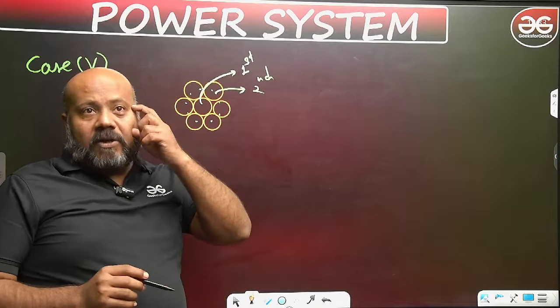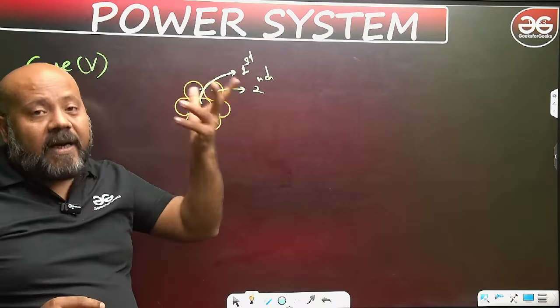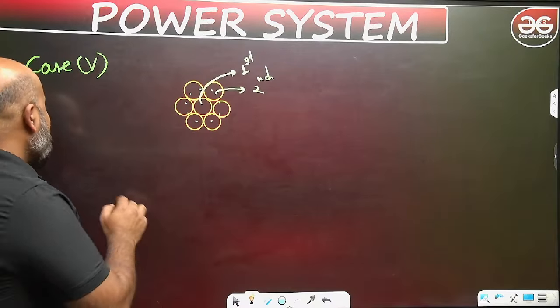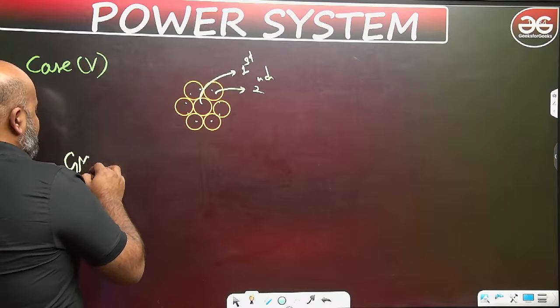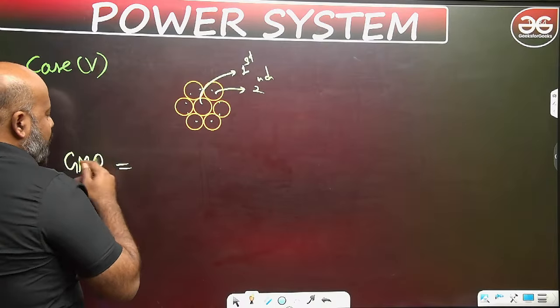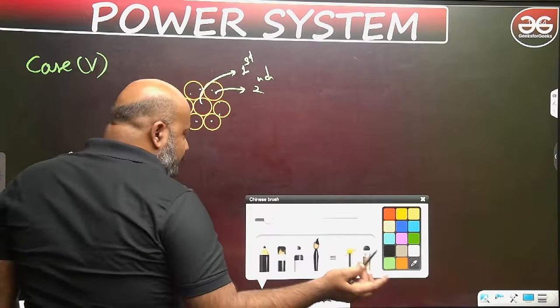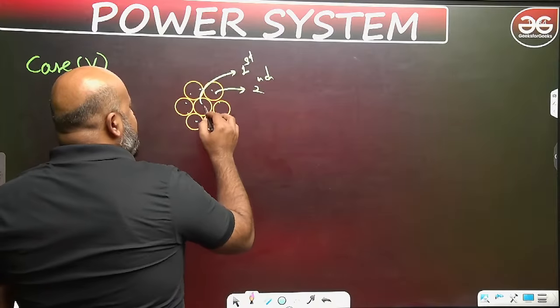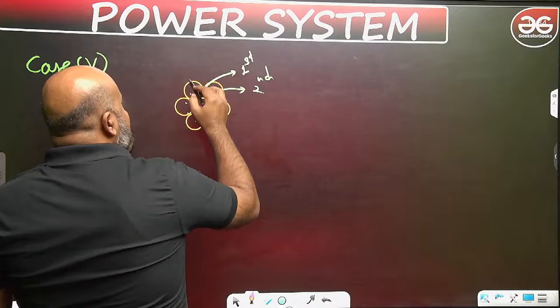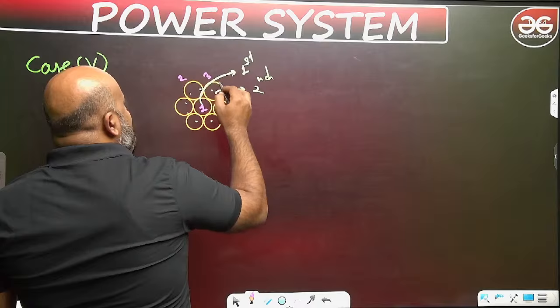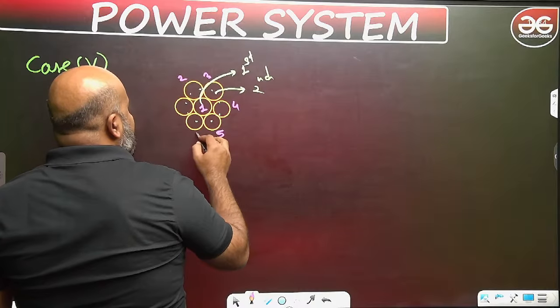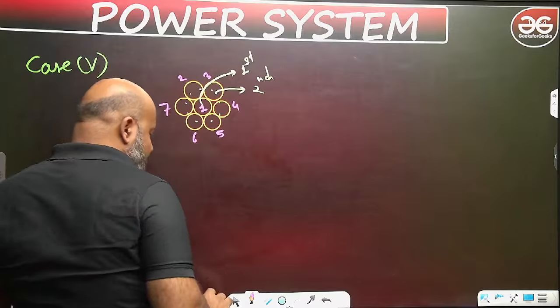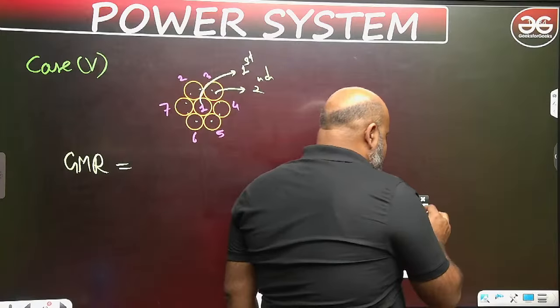So if you have this type of stranded conductor, how are you calculating the GMR? Very, very important. Suppose I am going to name these conductors: this is 1, this is 2, this is 3, this is 4, this is 5, this is 6, and this is 7. So total 7 conductors we have.